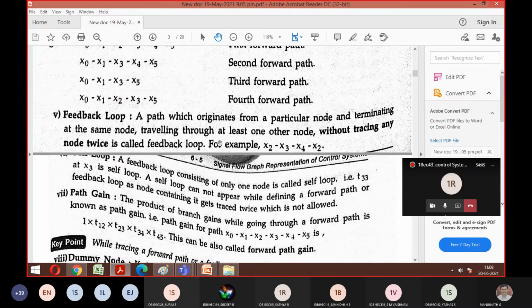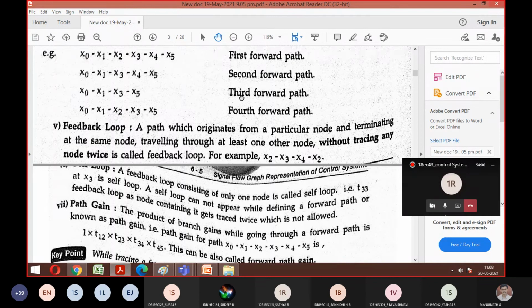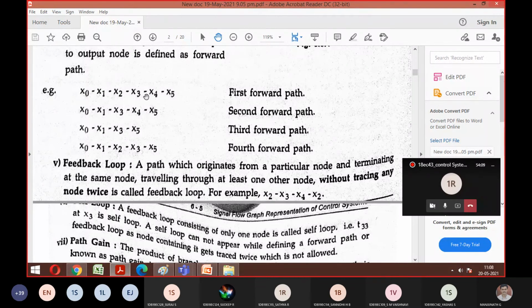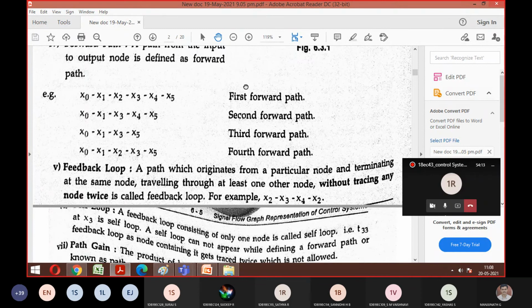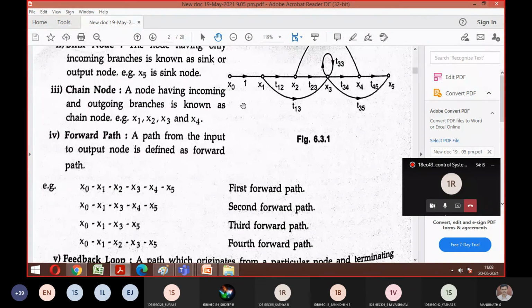According to our forward paths, we found four forward paths, and each has its own gain. If you go with the first one, the answer is 1 into T12, T23, T34, T45.